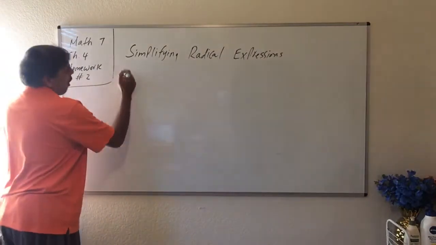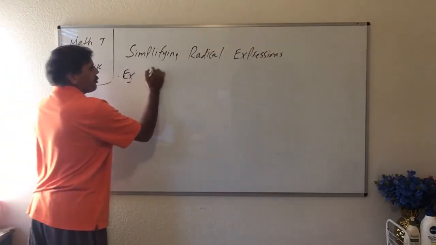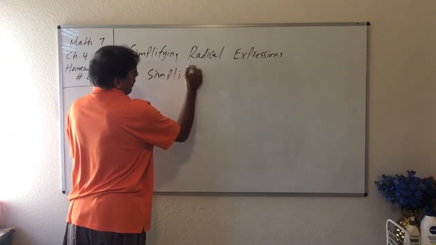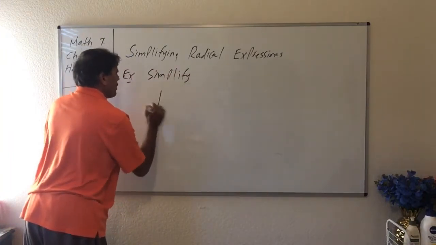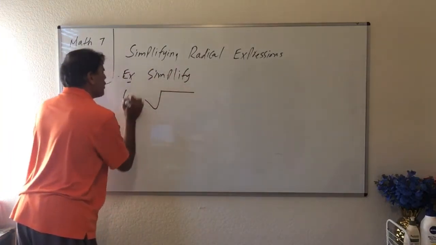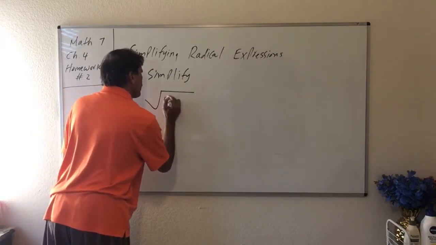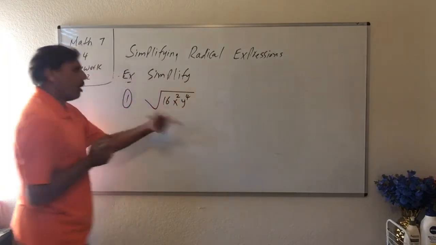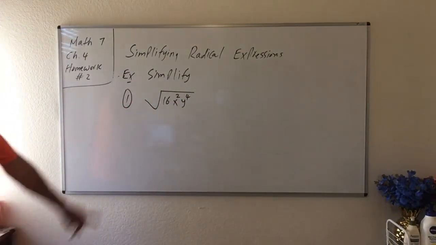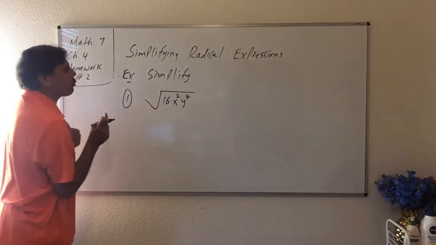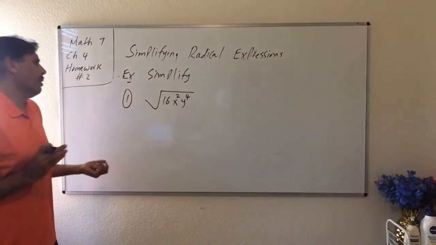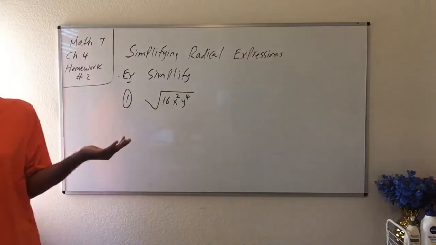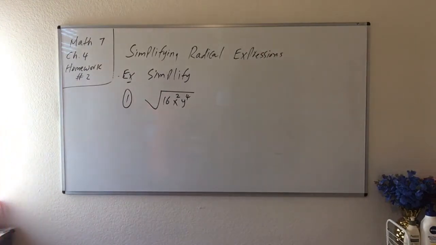So all the problems are going to have the same direction: simplify. For example, this. So let's go number 1: 16 x squared y to the 4. Now remember, 16, we know 16 is a perfect square. So be very careful. People sometimes misunderstand me and think you're going to divide everything by 2.